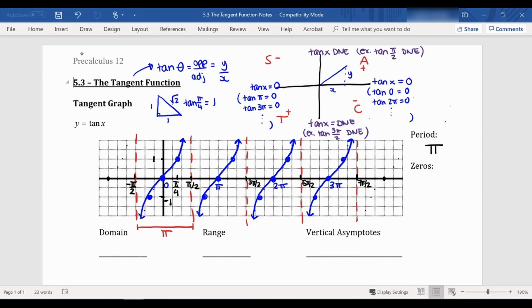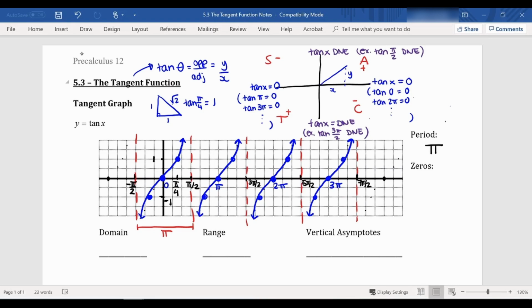Okay. And that's because we notice that we only have to travel a half circle on our quadrant system before we get back to the same value. And we did that in chapter 4. We saw that cosine and sine have periods of 2 pi, but tangent has a period of pi.